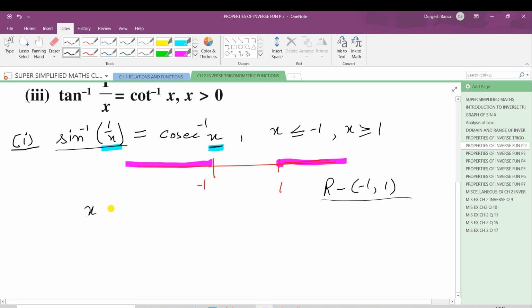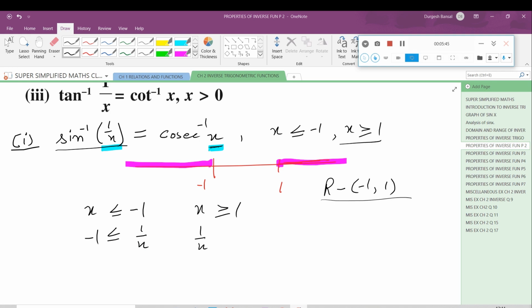Now because x is less than or equal to -1, 1 by x has to be greater than or equal to -1. And if I take the other one, that x is greater than or equal to 1, that means 1 by x has to be less than or equal to 1.